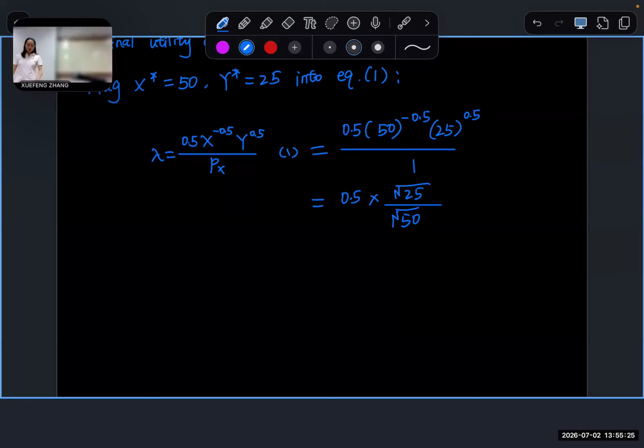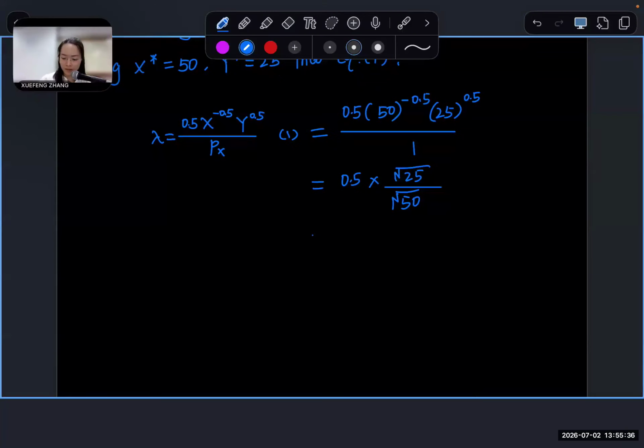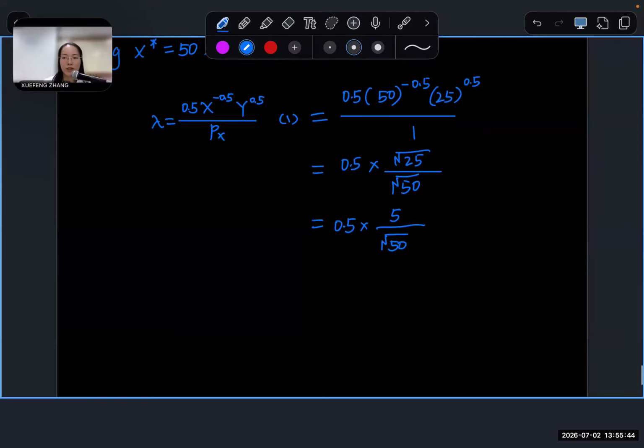Then use your calculator to find out what lambda is. Approximately, lambda equals 0.354.